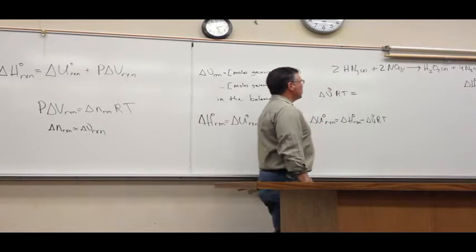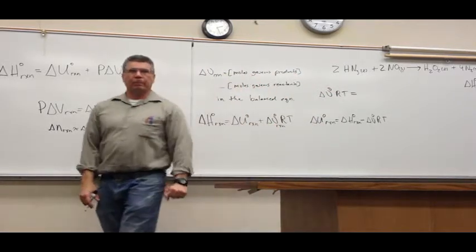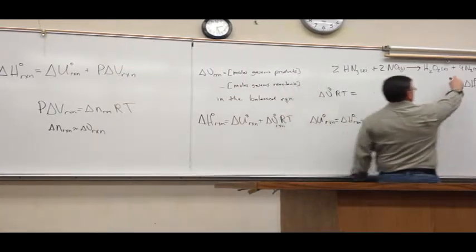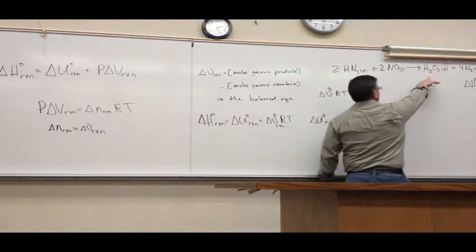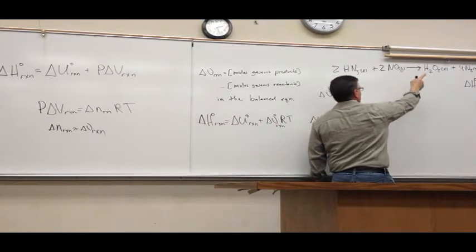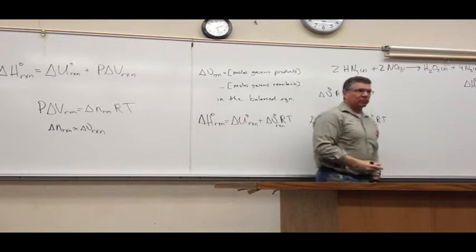You guys see what delta nu is for this reaction? 2. 4 gaseous products. That's not gaseous, that's an L, so you ignore it. And 2 moles of gaseous reactant, so it's 4 minus 2 is 2. You guys clear on that?